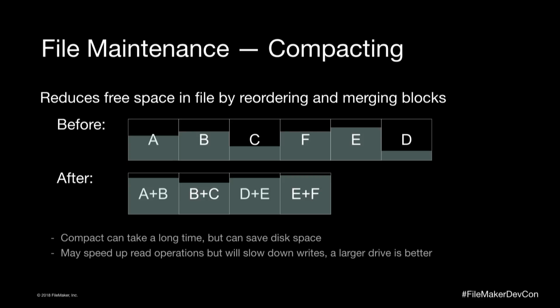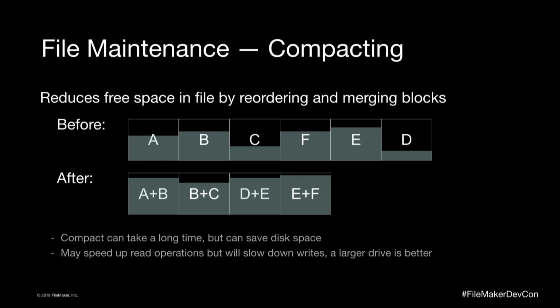Or if we want to put something in and it doesn't fit inside the block, we have to split the block into 2 blocks, and then you have free space on both sides. So over time, the blocks spread out and you have a bunch of little free space all over the place. What compacting does is it goes through and takes the contents of A, merges as much of the contents of B as it can into one block, and then you have that first one. And it'll do the same thing with the remains of B, the contents of C, and so on to squeeze it down.